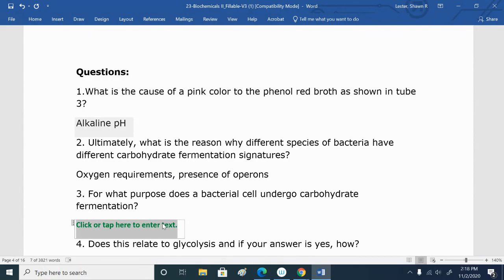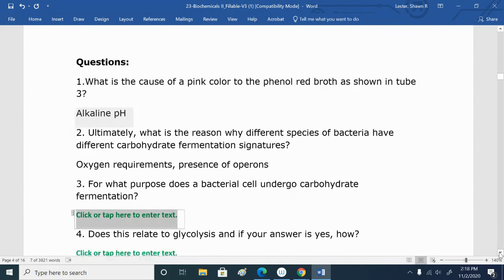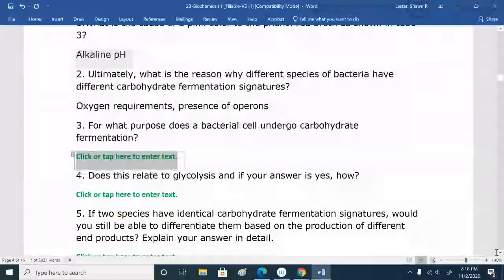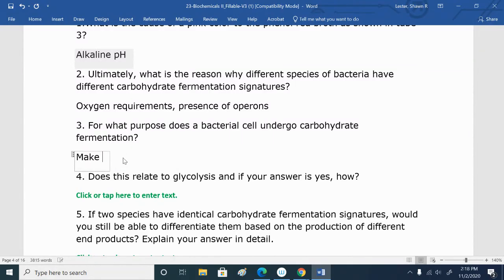So for what purpose does a bacterial cell use carbohydrate fermentation? Is it as a source of energy? Yep. To make ATP.